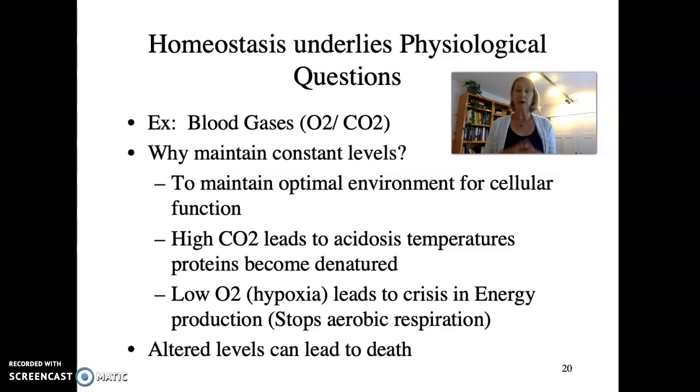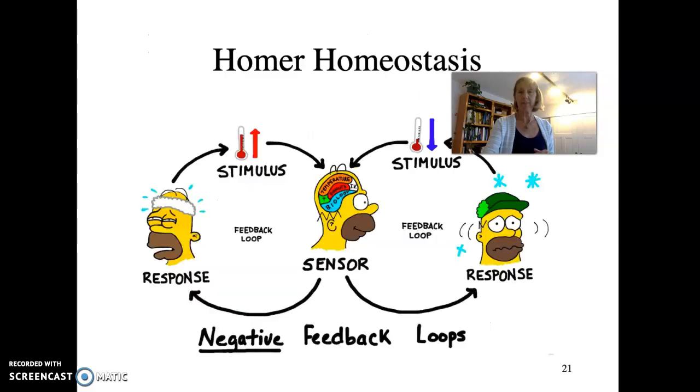You couldn't, for example, all of a sudden have high carbon dioxide because you weren't breathing or you were at high altitude. What happens? You start getting dizzy, right? Those high CO2 levels, you must compensate in some way and fix that. You can't be low in oxygen, right? That's the hypoxia. And if this is extreme, this could actually lead to death. So homeostasis is what is going to keep you functioning and not ill.